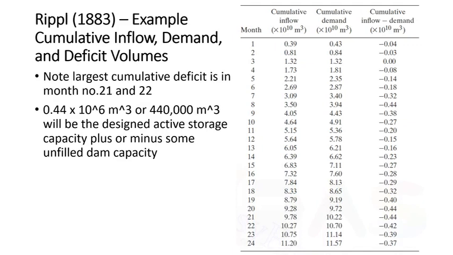And then month 7 is the volume for month 7 and all the preceding months. Now from there, you subtract the demand from the inflow to get the largest cumulative deficit. And from here, we can see that the largest cumulative deficit is negative 0.44 times 10 raised to 10 cubic meters.